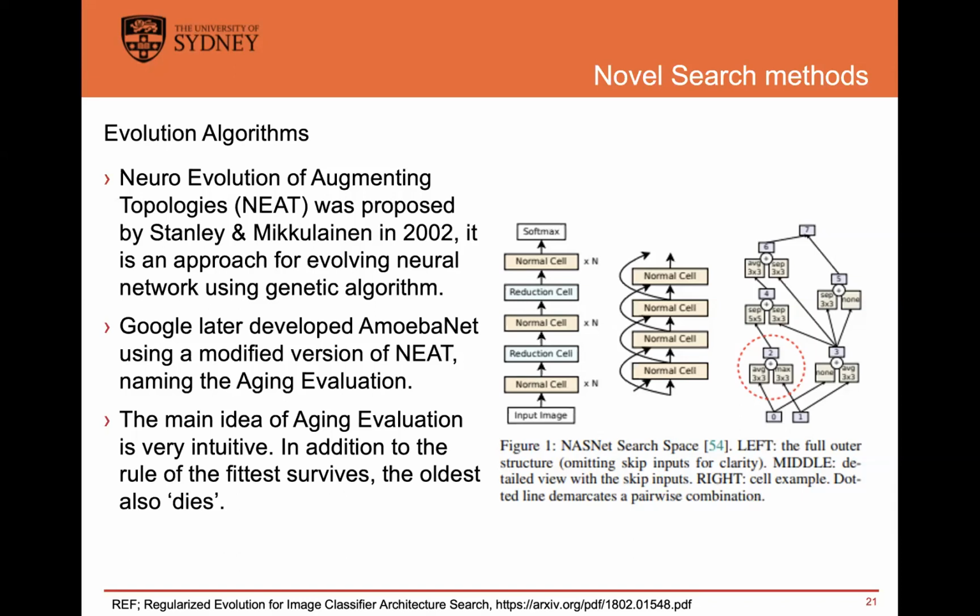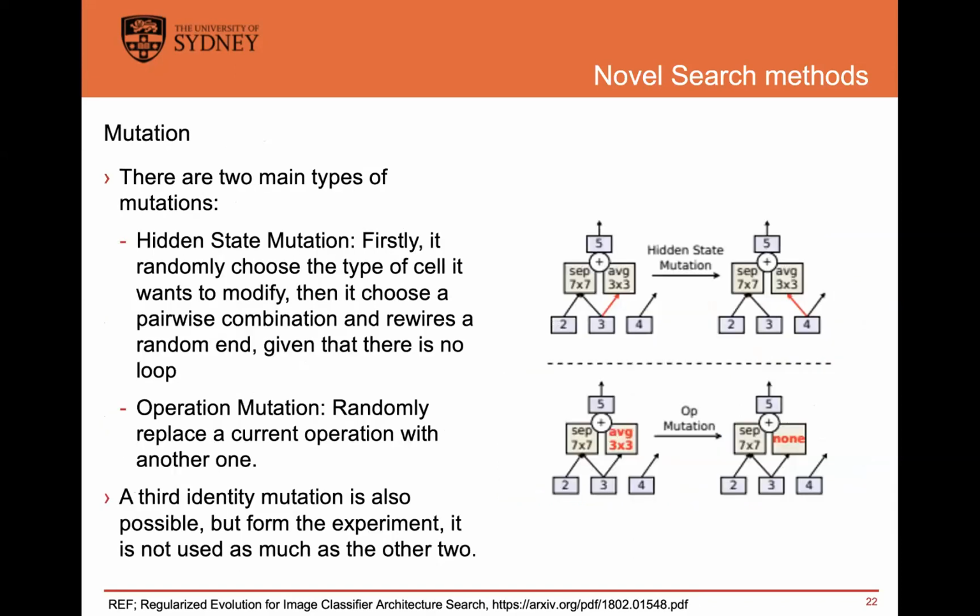So if you add 1, you remove 1 from the beginning of your list. That way you keep the population number constant with each generation. And then in terms of mutations, how you actually develop your next child, they have 2 main types of mutation. The first is hidden state mutations.